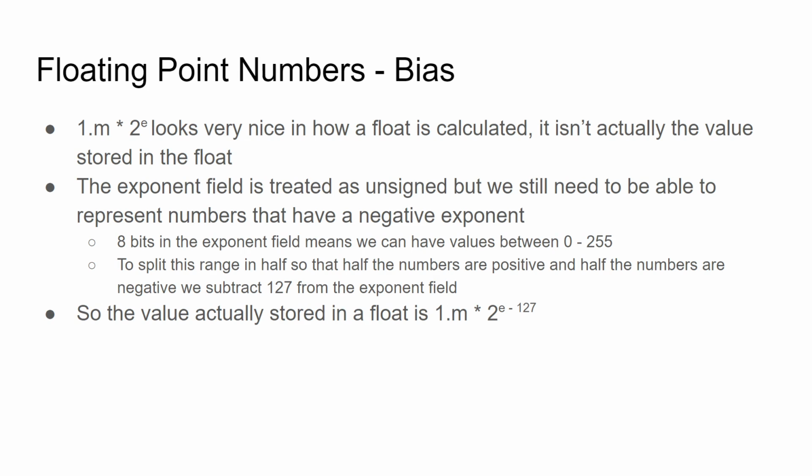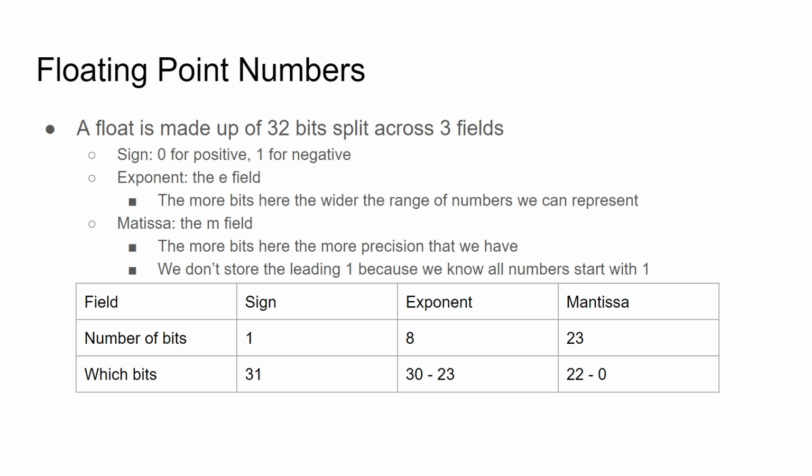So the actual value of the floating point number that's stored is 1 point the remainder of the mantissa, times 2 to the exponent minus 127. Also, if you look back on the previous slide, I might have skipped it. With the mantissa, we don't store the leading 1 because all of our numbers begin with 1 point something, right?